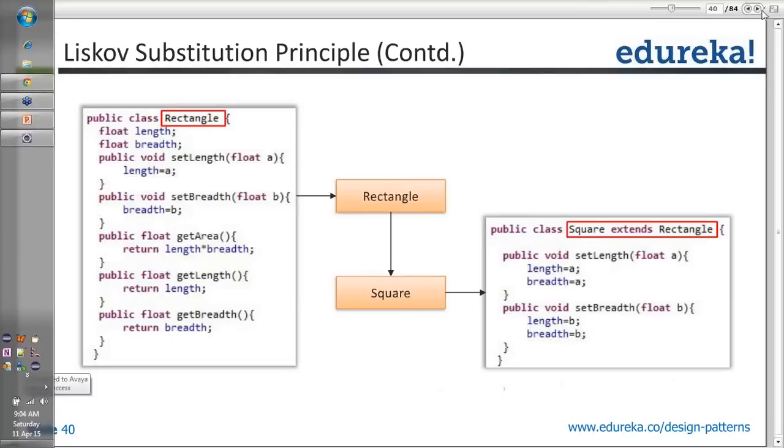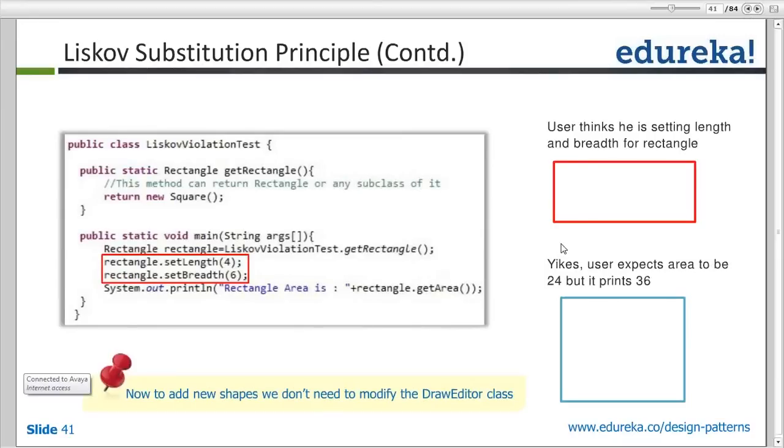What will be interesting to see is what happens to the client who is saying get me the rectangle, and then the client is going to say set the breadth and set the length. Since the client is thinking rectangle, they are really going to say, okay, so my area may perhaps be maybe 24.